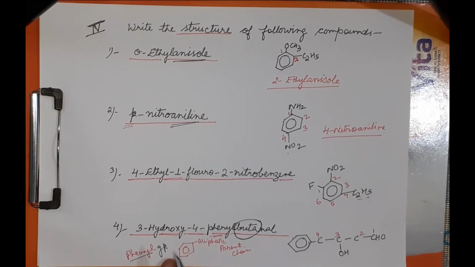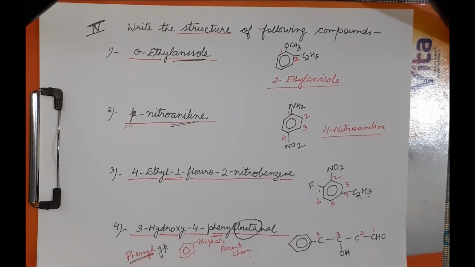Then we can see 3-hydroxy means the OH group is present at C3, and 4-phenyl. If you remember, the word phenyl is used when the benzene ring is attached to the aliphatic parent chain. So for this benzene ring, the word phenyl is used. Here it is written 4-phenyl, which means at C4 one benzene ring is attached.